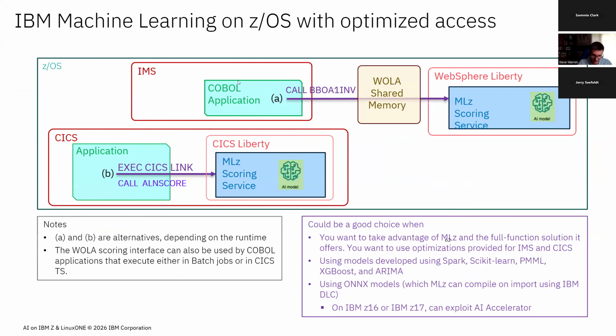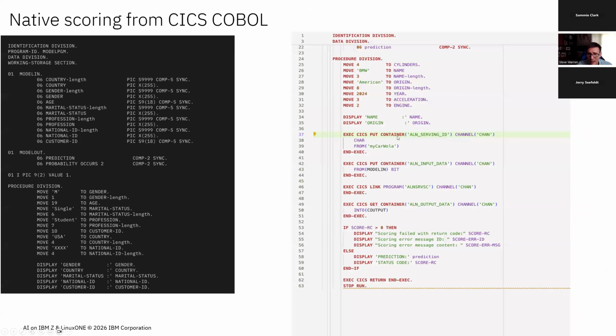And we have a number of ways with machine learning for z/OS of how you can do this. If you're a CICS programmer, how do you like to write 3 lines of code? I basically tell it which model I want to run. Here's a pointer to my input data, and here's me invoking the model. That's it. That's all you do to actually invoke the model. And then there's setting up the parameter list.